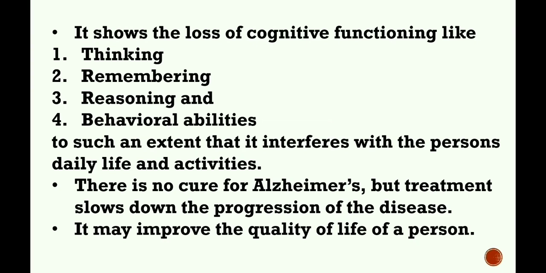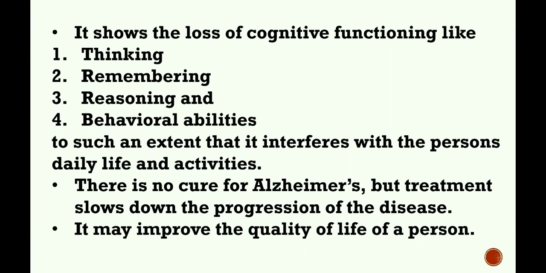Now there are certain symptoms by which one can come to know whether a person is suffering from Alzheimer's or not. For example, a person suffering from Alzheimer's disease will show loss of cognitive functioning. Cognitive functioning includes thinking, remembering, reasoning, and behavioral abilities. A person is unable to think properly, does not remember whatever he said, does not remember words, does not remember how to reason any of the answers given, and how to eat.